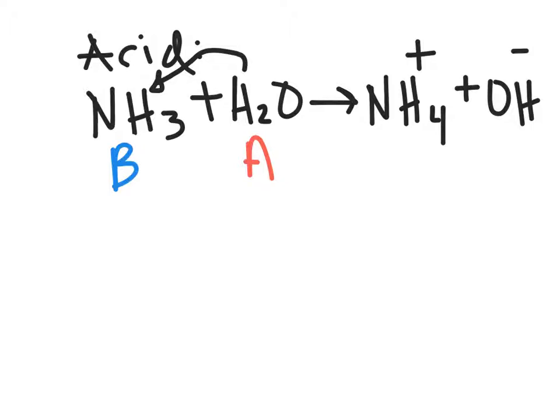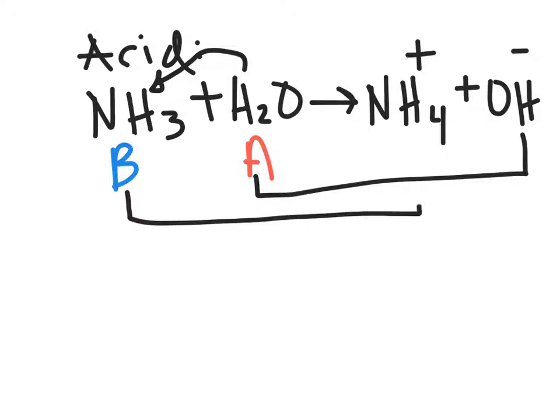We call these conjugate acid-base pairs. We have one acid-base pair here, where water is the acid and the conjugate base is the hydroxide. And then we have another conjugate acid-base pair, where ammonia is the base and ammonium is the conjugate acid. We'll work on that more in the in-class activity.